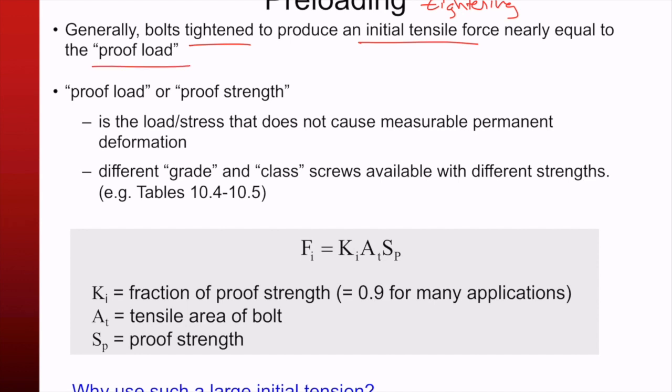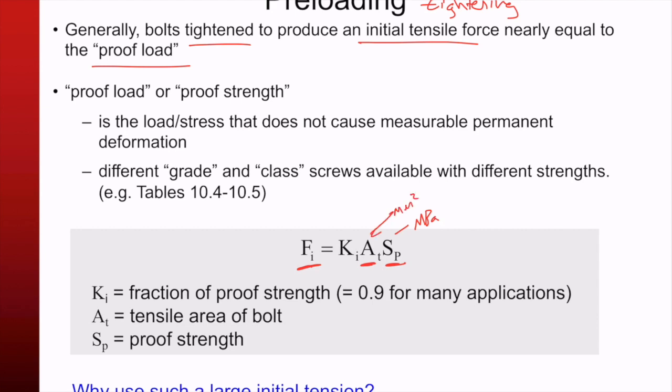And the proof load or the proof strength is the load or stress that does not cause measurable permanent deformation, right? And for different classes of fasteners, that strength is different, that load is different. So in general, you want your initial load to be the strength times the area, right? So that's in megapascals, and that's in millimeters squared.